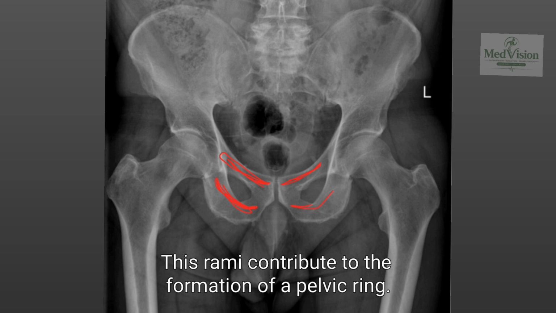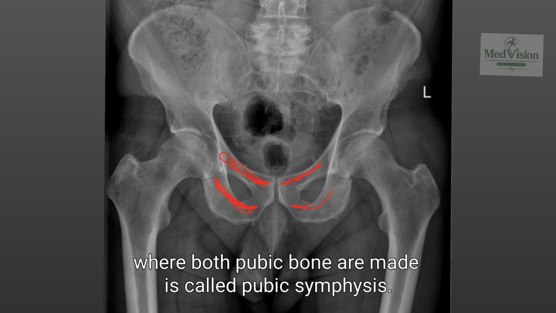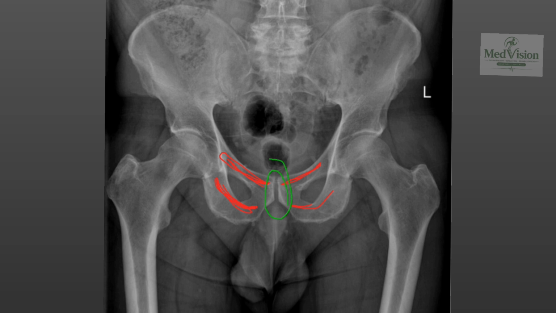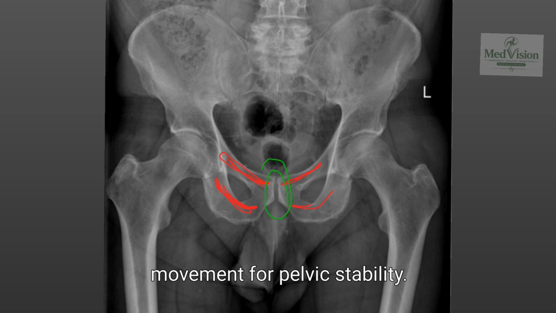These rami contribute to the formation of the pelvic ring. At the midline, both pubic bones meet at the pubic symphysis. This is a fibrocartilage joint which connects the left and right pubis and allows minimal movement for pelvic stability.